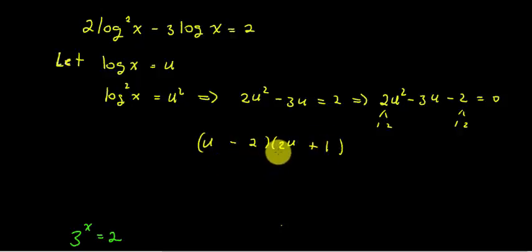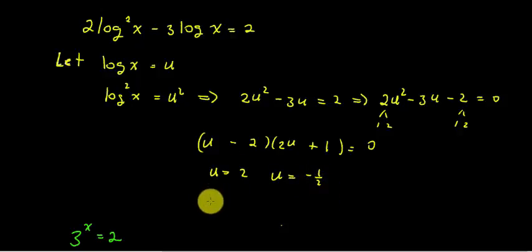So u times 2u would be 2u squared, u times 1 would be 1u, 2u times negative 2 would be a negative 4u, and the 1u and the negative 4u give me a negative 3u. Then negative 2 times 1 is negative 2, and of course this is still equal to 0. So we have u is equal to 2, or, changing the sign and dividing by the 2, u is equal to negative 1/2.